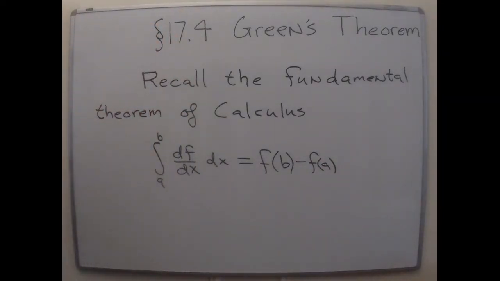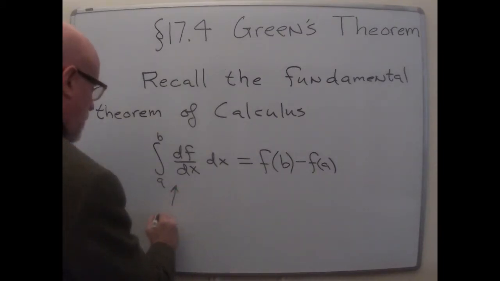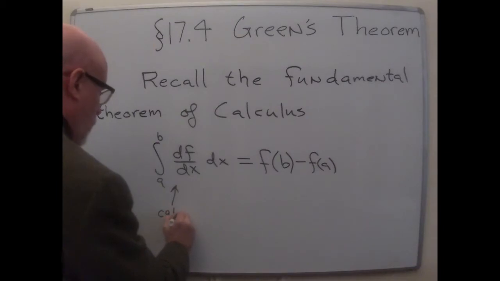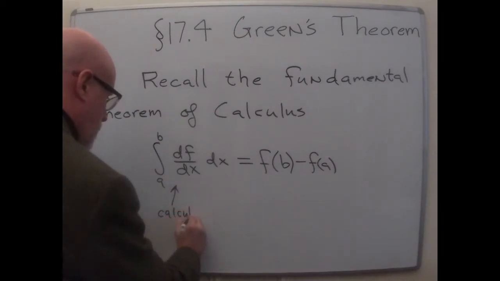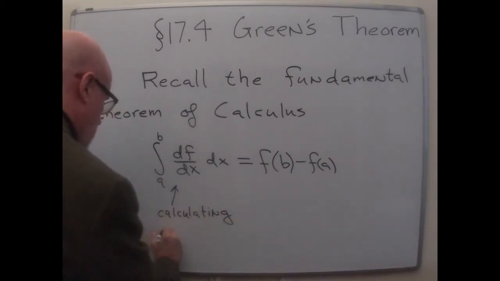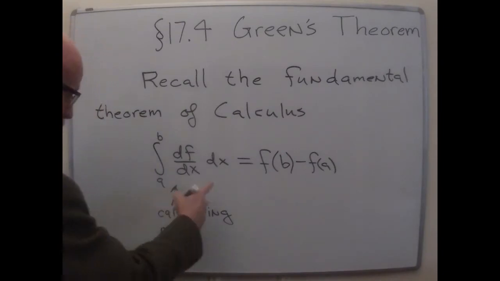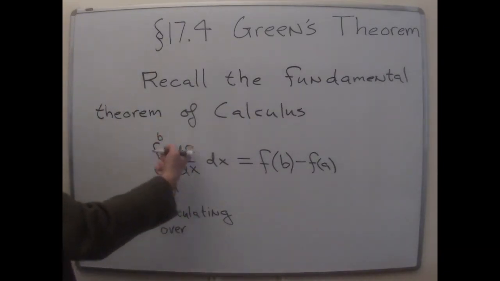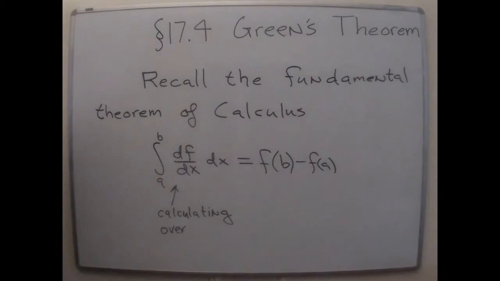So the way to philosophically think about this is calculating a value over an interval. Over the entire interval, everything from a to b, you're calculating the height of this function, and you're getting estimates of the area, and you're letting that Riemann sum estimate go towards the actual value, because you let the width of the Riemann sums go to 0.